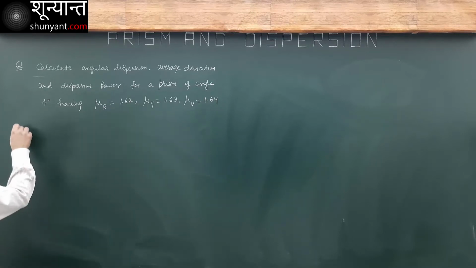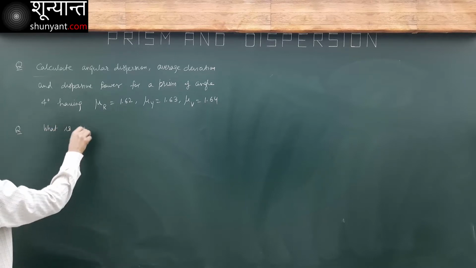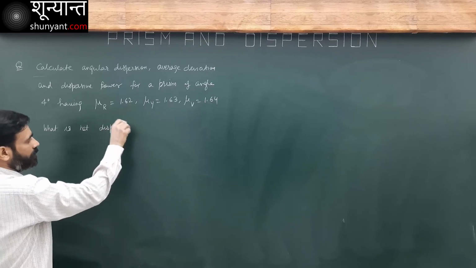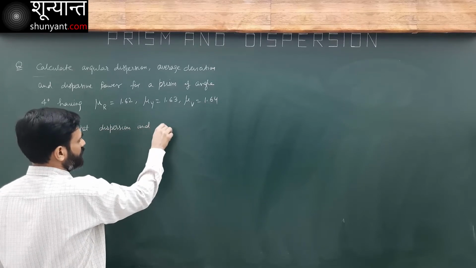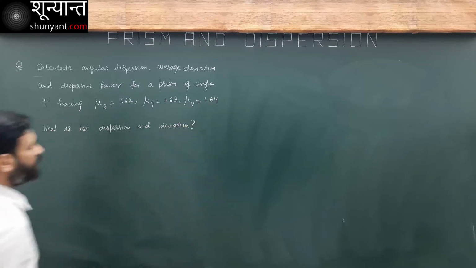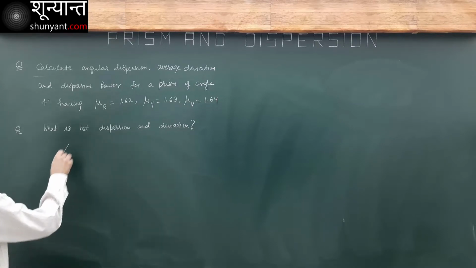Okay, next. What is net dispersion and deviation? Okay, it's like this.